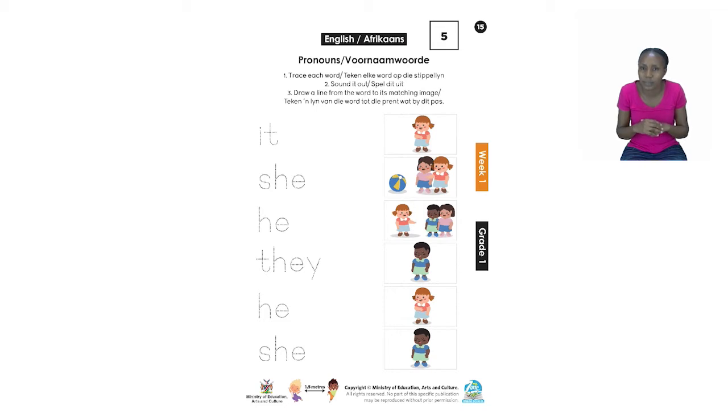Then, now let us take a look at the word he. Which picture shows the pronoun he? Wonderful, grade ones. You are smart. So I'd like you to please either draw a line to the boy that is in the middle or the boy that is at the bottom of the page.